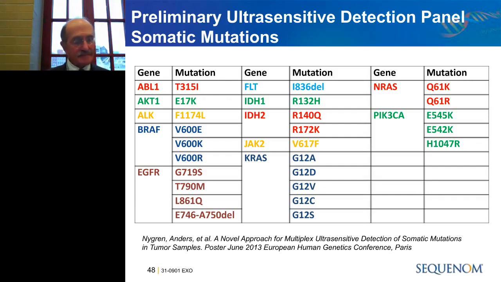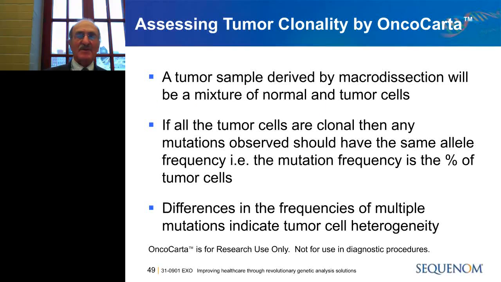Now, this is detection. But as I said at the beginning of the talk, we're working in the domain where we can't quantify. And that's a pity, as I'm about to show you. So if we could quantify, then we would have a way of assessing the clonality of tumors.